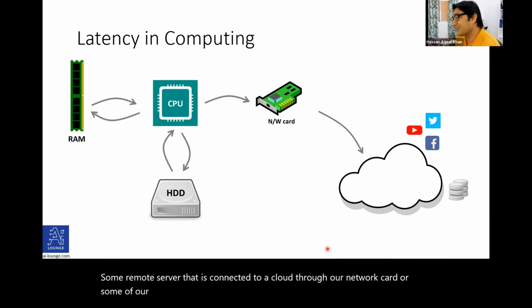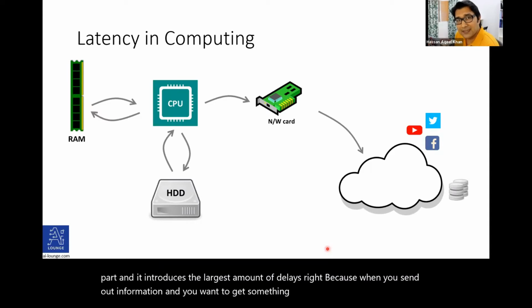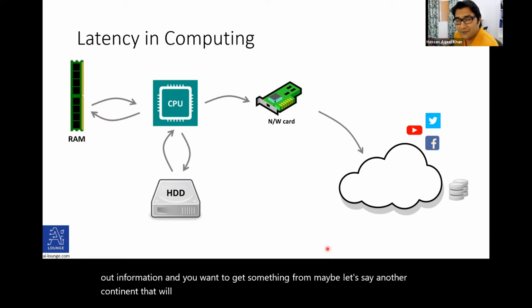This is probably the slowest part, and it introduces the largest amount of delay, right? Because when you send out information and want to get something from, let's say, another continent, that will introduce delay. In fact, in CPU timescales, it introduces huge delays, okay?